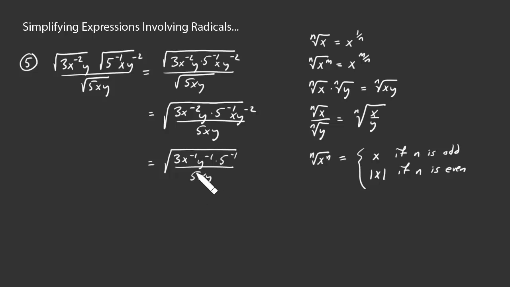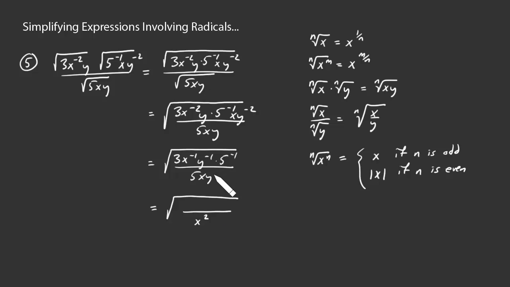Of course here we have a quotient of powers of x, same base. So we can subtract the exponents. We have a negative 1 up here, we have an understood exponent of 1 down here. So that's going to be x to the negative 2, which really just means you put an x squared in the denominator. Okay, so I've got an x squared down here. Likewise with the y to the negative 1.